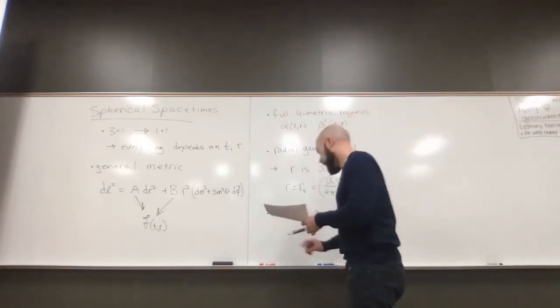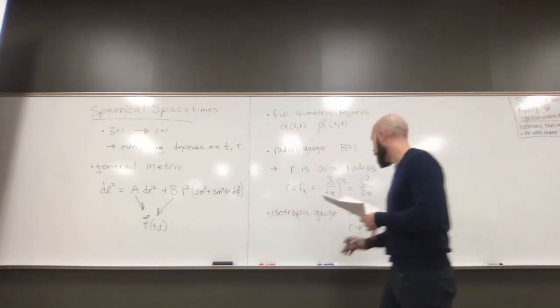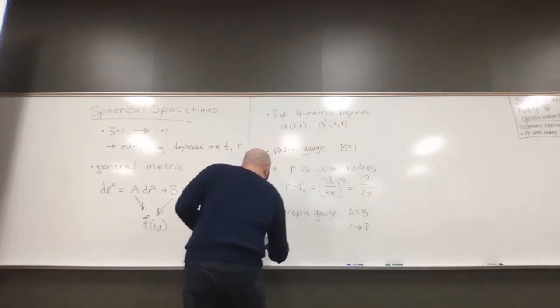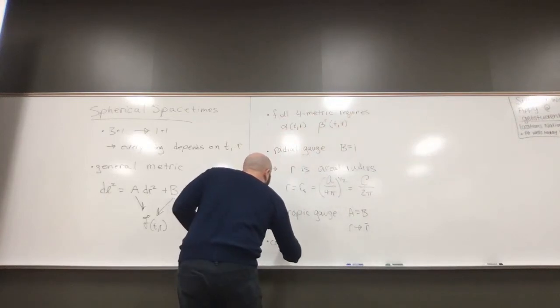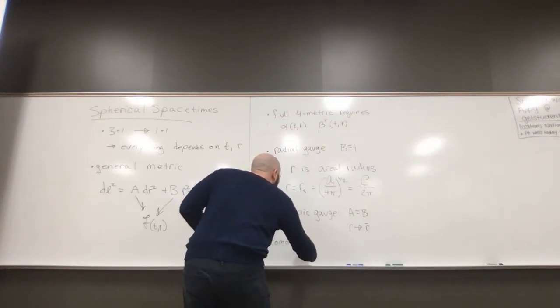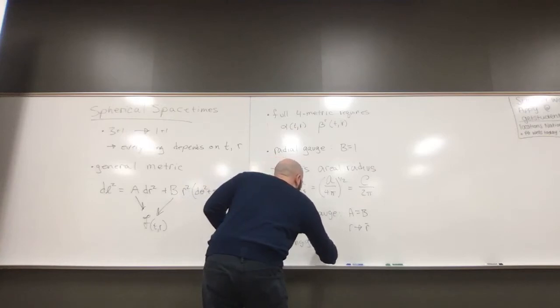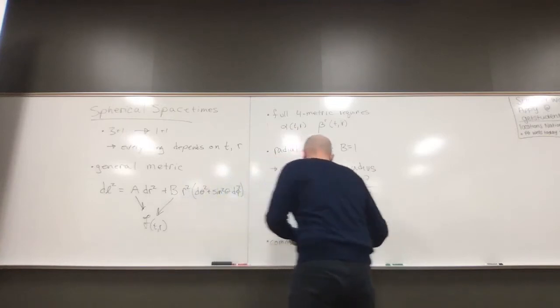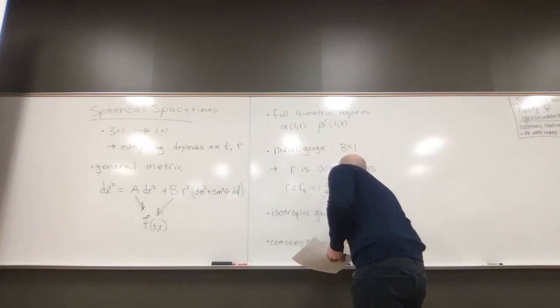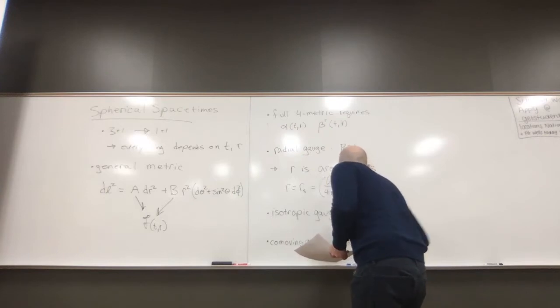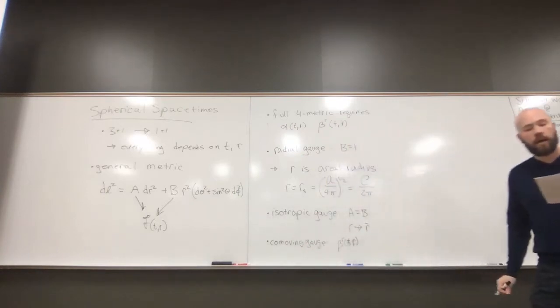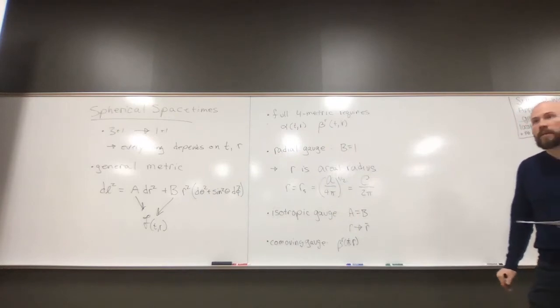And then there's another one which you might call something like co-moving gauge. I don't think the book actually calls it that. But we'll call it that. In that case, you set the shift, a function of time and radius, such that the fluid is always at rest.